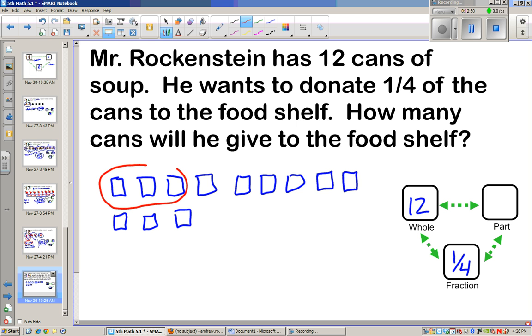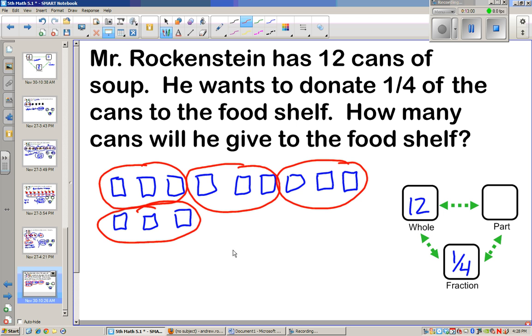So I'm going to do groups of 3. 1 group, 2 groups, 3 groups, 4 groups. Remember, this tells me how many groups I need. I've got 4 groups. How many are in each group? Well, in each group, there's 1, 2, 3 cans of food. So my part is 3.